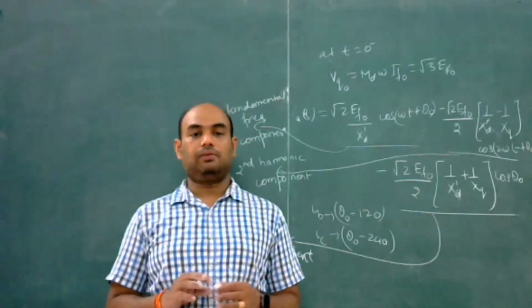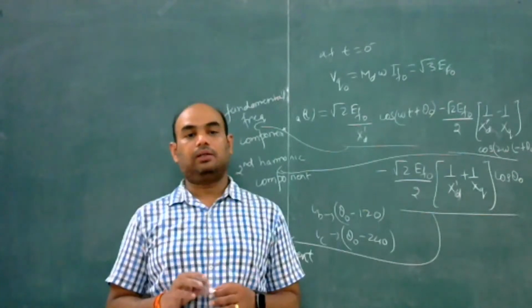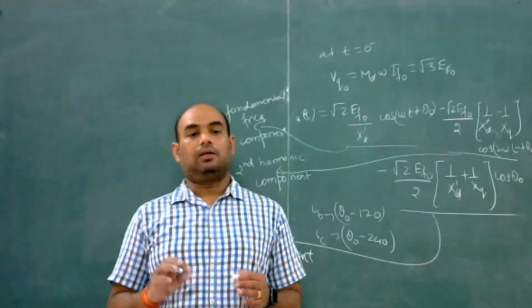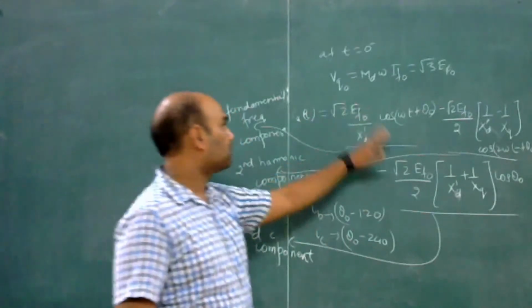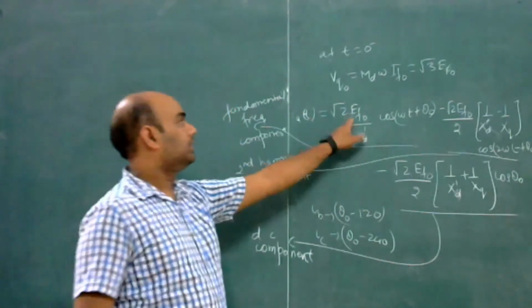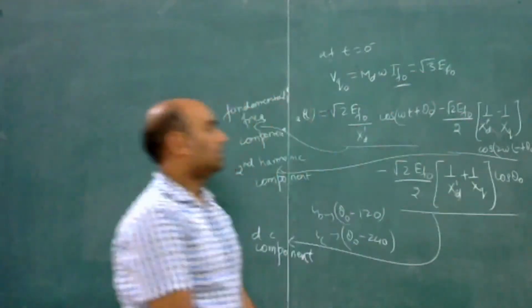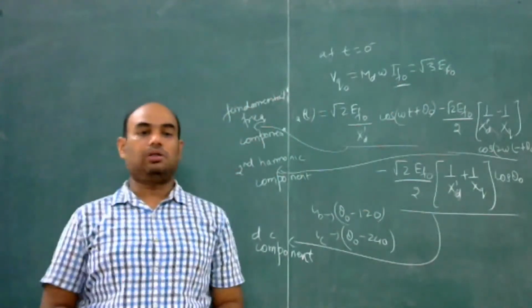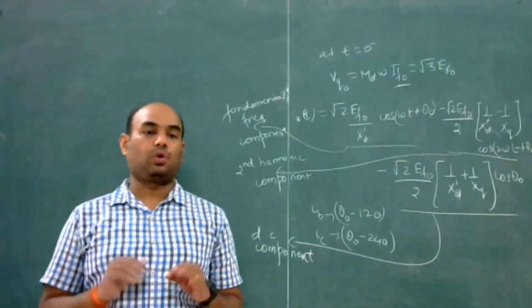Okay, so this reveals that the magnitude of the fundamental, DC and second harmonic components depends on the pre-fault excitation EF naught. So it depends on the pre-fault excitation, that is IF naught.